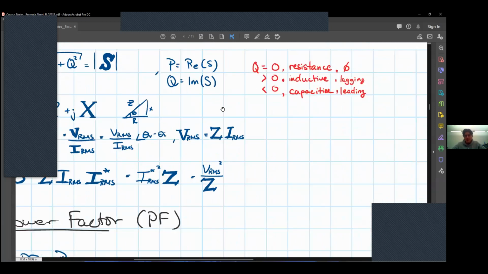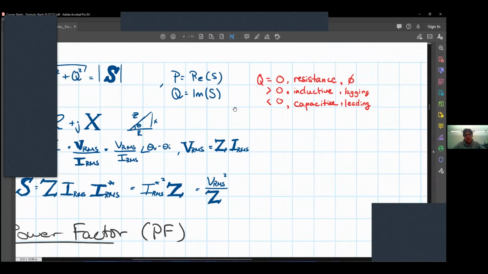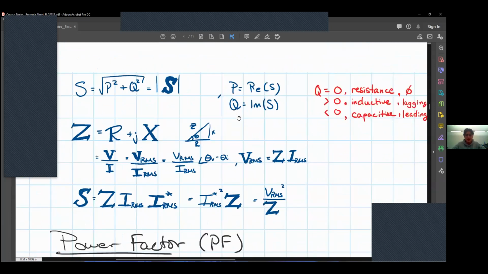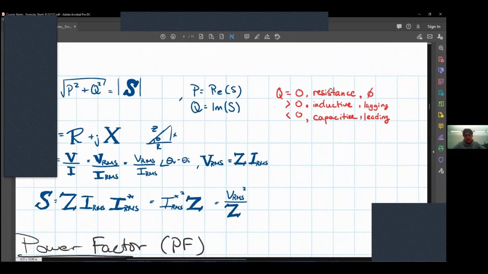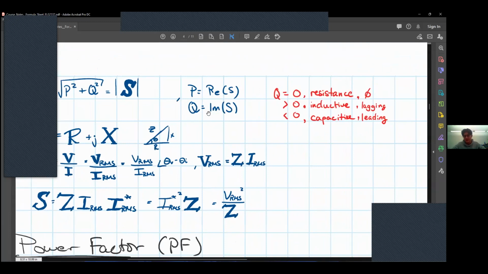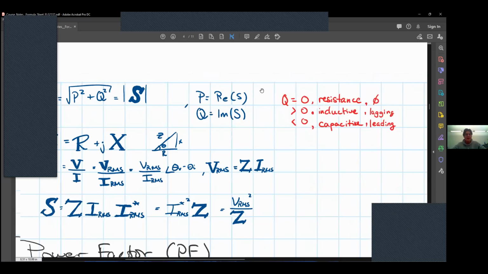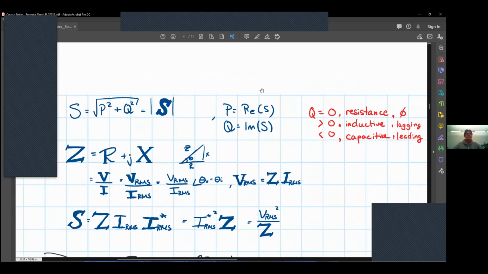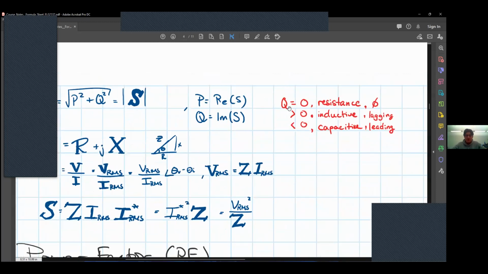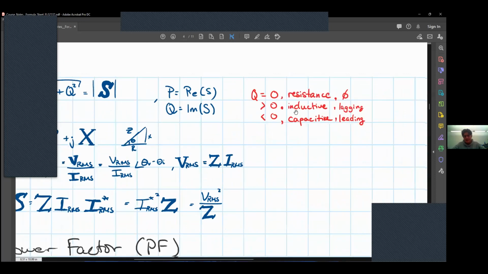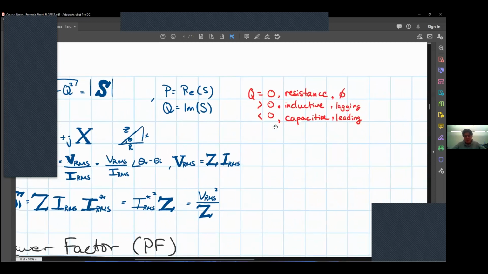And based on what value you have for your imaginary power draw, you can actually tell whether your circuit is resistive. So it has a 0 imaginary value, so it only has real power draw, and by extension, only has real resistance values. So no j values anywhere. If Q is greater than 0, it's inductive and lagging, as we had mentioned earlier. And if it's less than 0, or negative, it's capacitive.